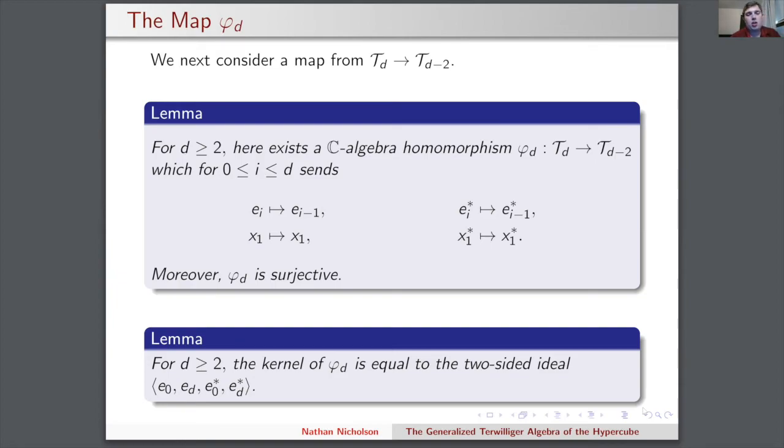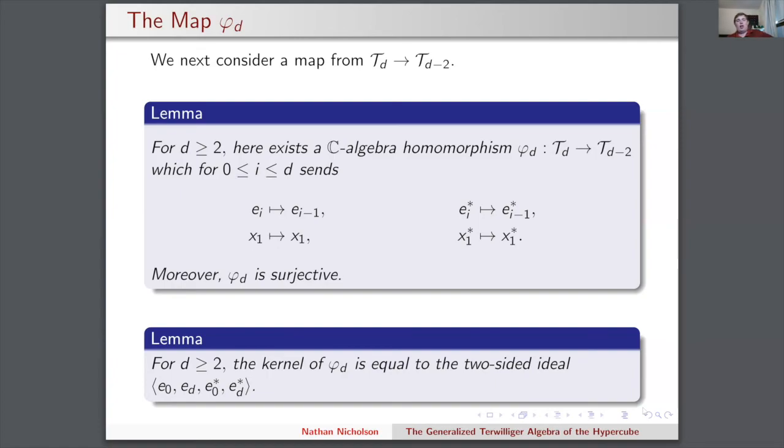So on the one set of generators, the EIs, what it does is it just sends EI to EI minus 1 and EI star to EI 1 minus star. Where again, for the index, for instance, E negative 1 would be 0 if the indices go out of bounds, basically. And then the other set of generators, the X1 and the X1 stars, it just sends them to the corresponding generators in TD minus 2. So again, a very, very nice map, actually, in practice.